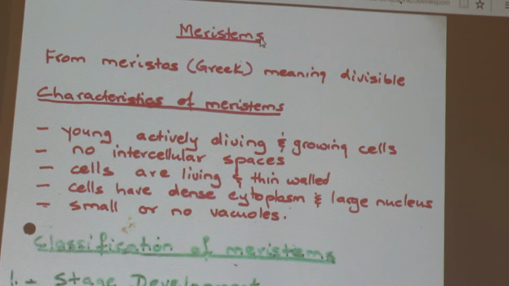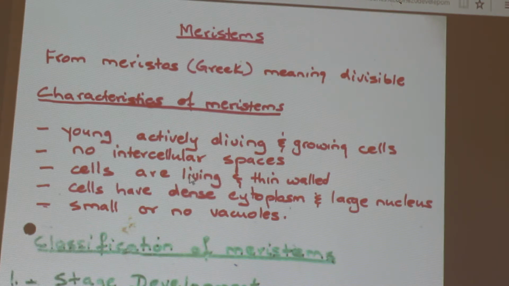Now, meristems are identified by the following. The cells in the meristem will be actively dividing. And if they're actively dividing, please note that there will be small or no vacuoles. The important thing is that these cells have a large nucleus. These cells are young, and therefore their walls are thin. Please, the fact that I said cells are living is not a stupid idea.